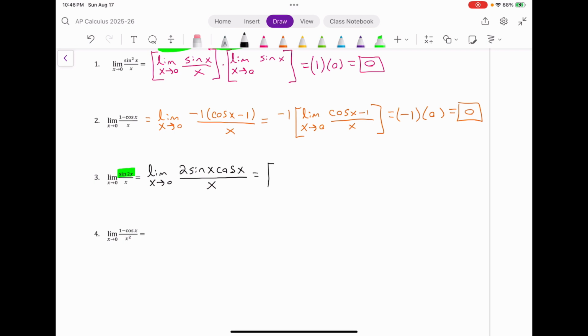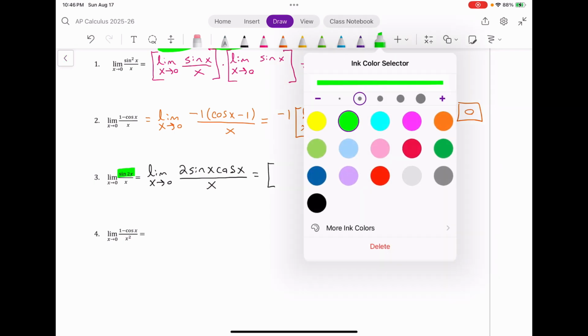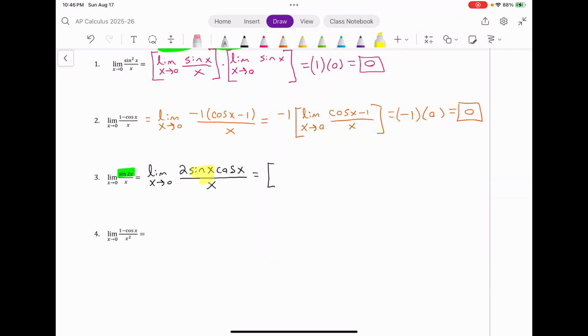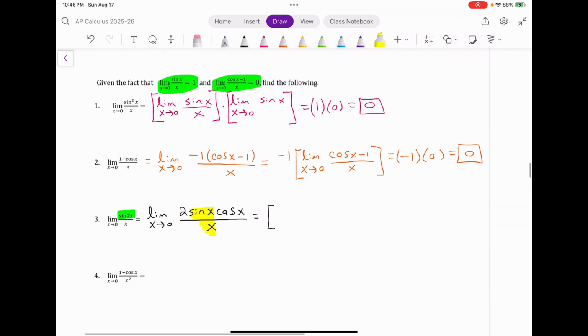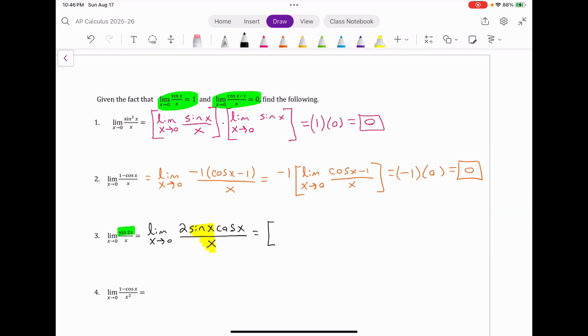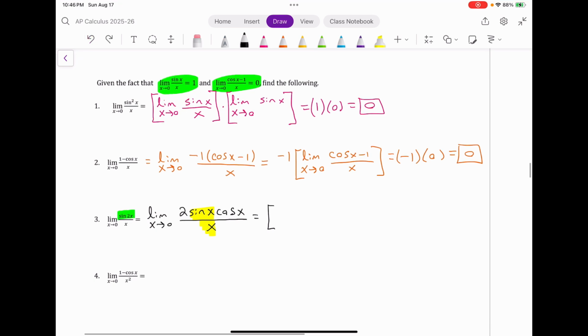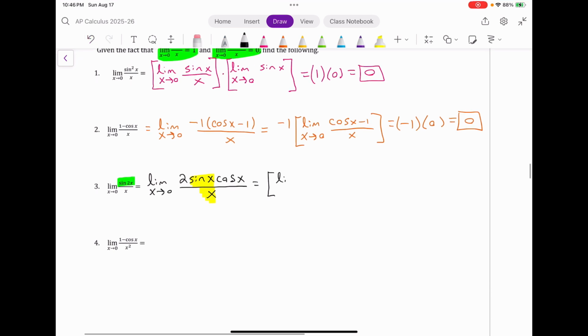I recognize sine x over x is that first given limit. So that's what my thought process is here. So we'll find the limit as x approaches 0 for sine x over x. And what's left is the limit as x approaches 0 for 2 cosine x.